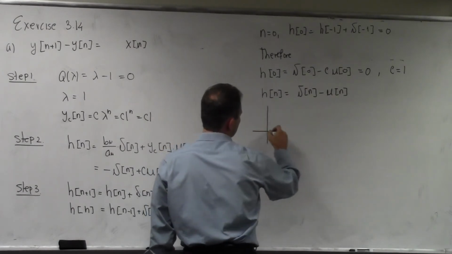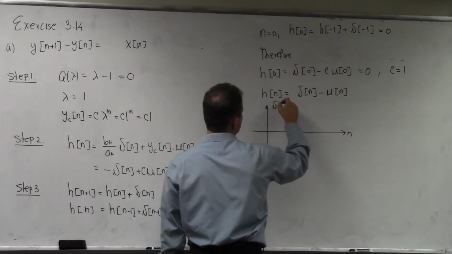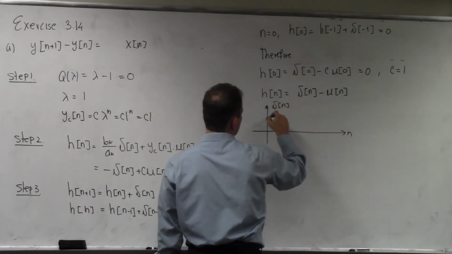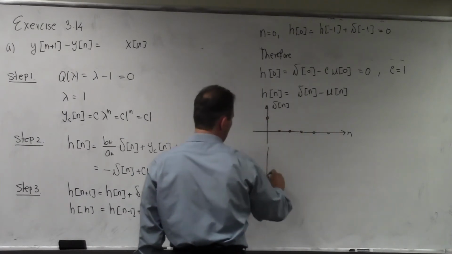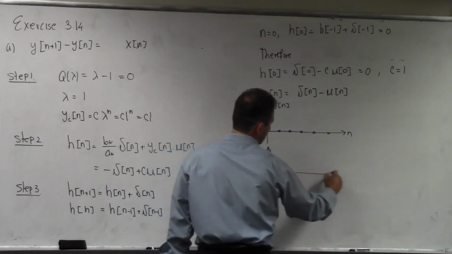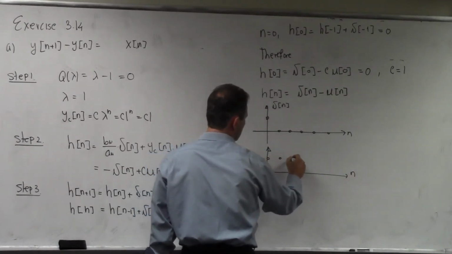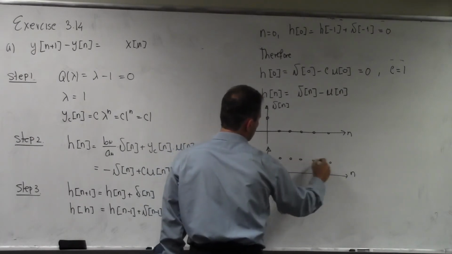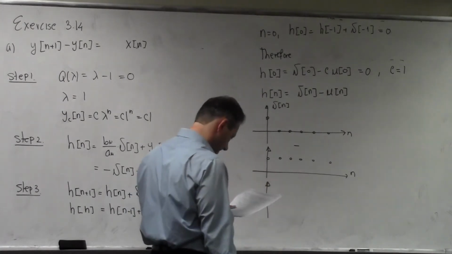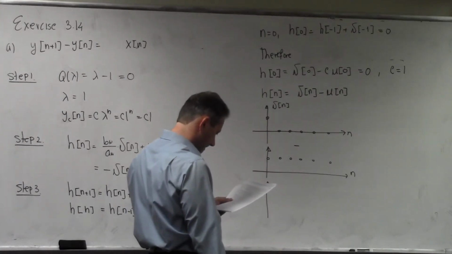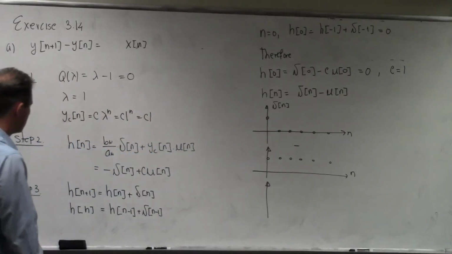let's just draw it. This is n. This is delta of n. So this is how delta of n looks like. And u of n looks like this. So if I put a minus, oh, but let me, oh, I messed up, right?